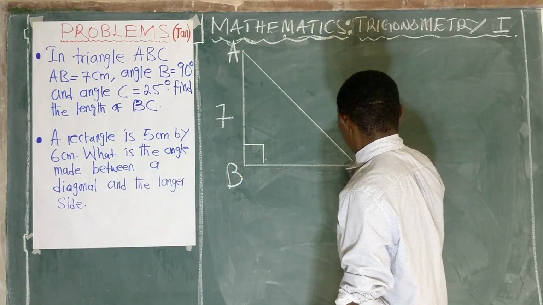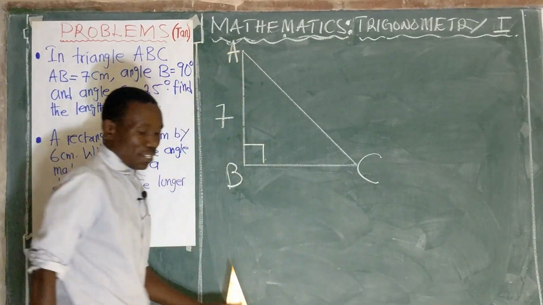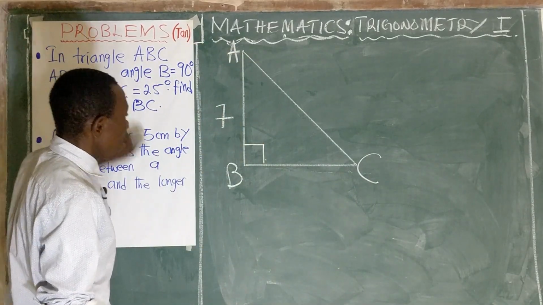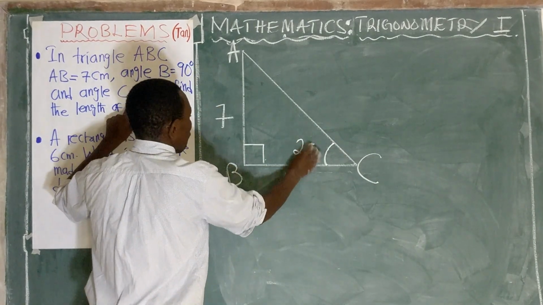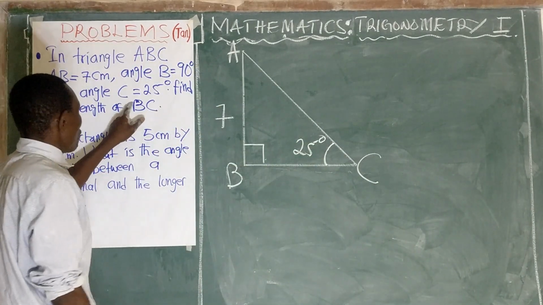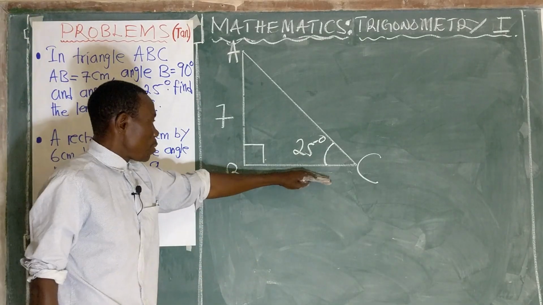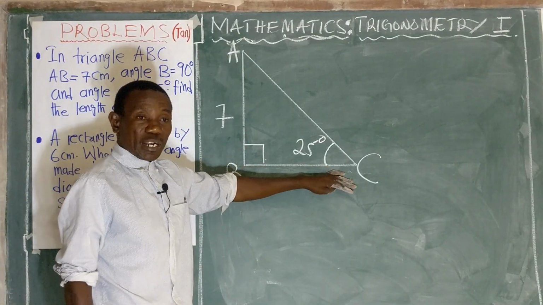And then the last vertex here will be described by letter C. Here we mean angle C. There's a vertex, so the angle within it should be 25 degrees. So everything given in the question has been interpreted into the diagram.